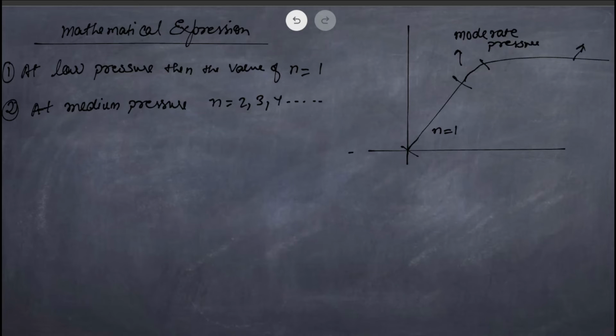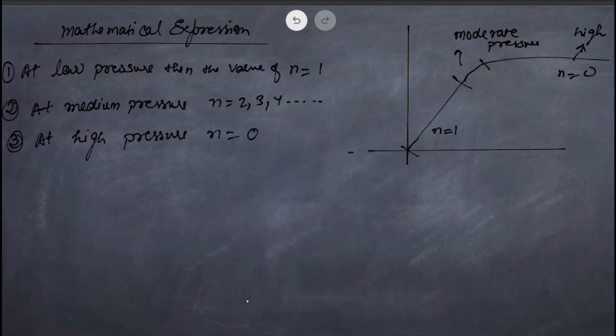This is high pressure. At high pressure, n is equal to 0.